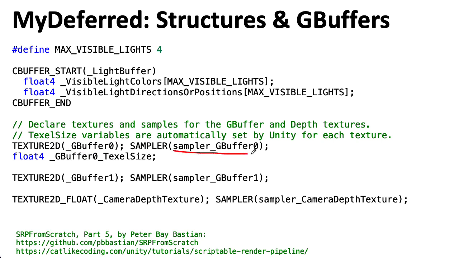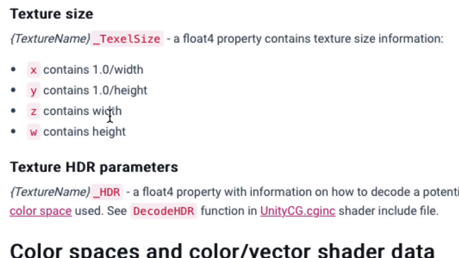The sampler contains information like whether you're using nearest neighbor interpolation or bilinear or whatever. If you want it, you can take the name of a texture and add underscore texel size to it, and that will give you certain bits of information. So Z and W contain the width and height of the texture in pixels respectively, and X and Y contain 1 over width and 1 over height. Our code is going to use the X and Y fields.